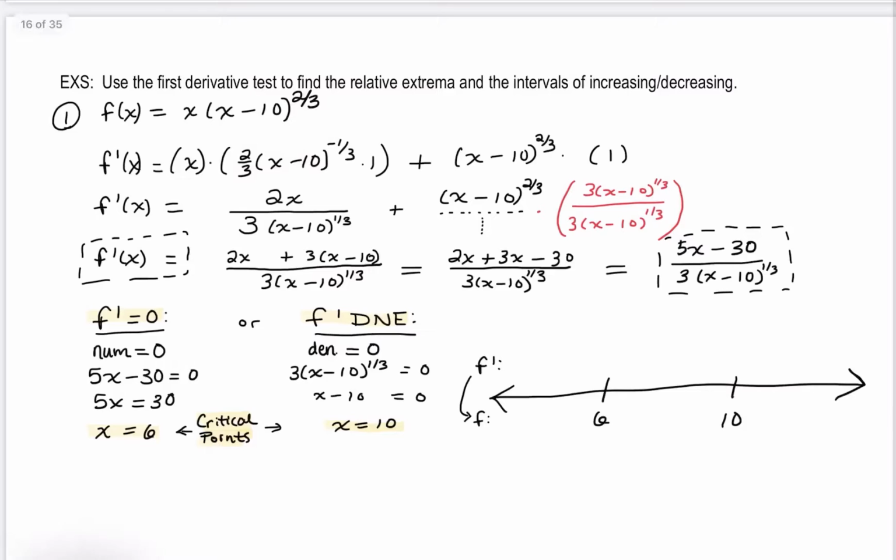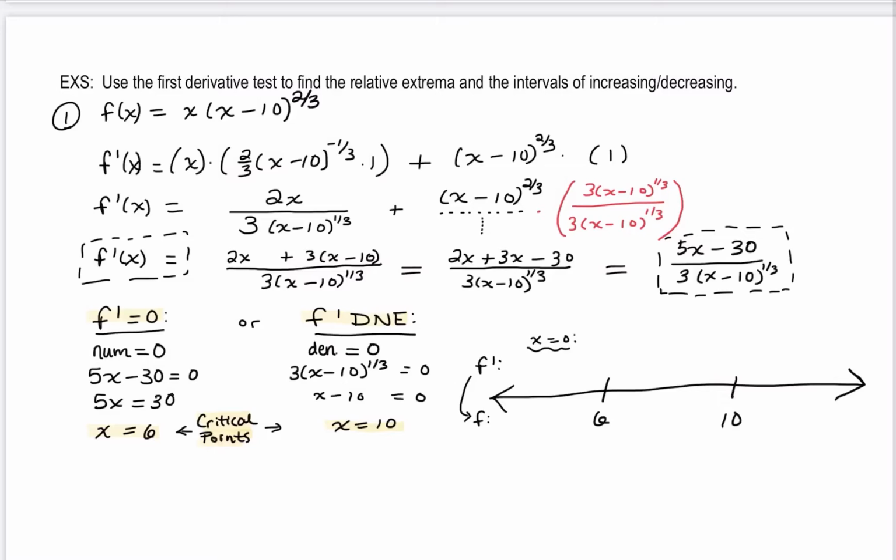So we have to pick some number in these appropriate intervals here. So we want to pick something less than 6. So whenever possible, I like to pick 0. 0 is nice to work with. And we're subbing it into f prime, which happens to be kind of right up above us here in this boxed answer.